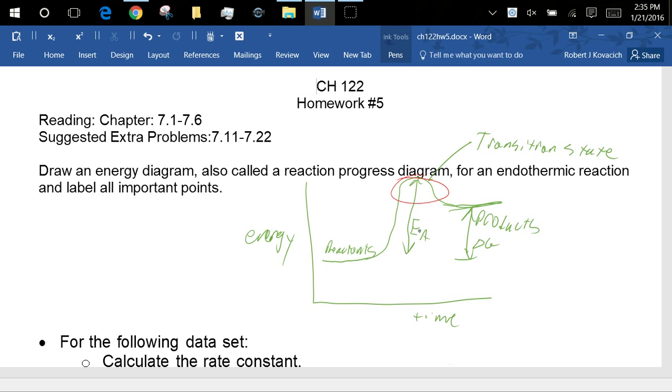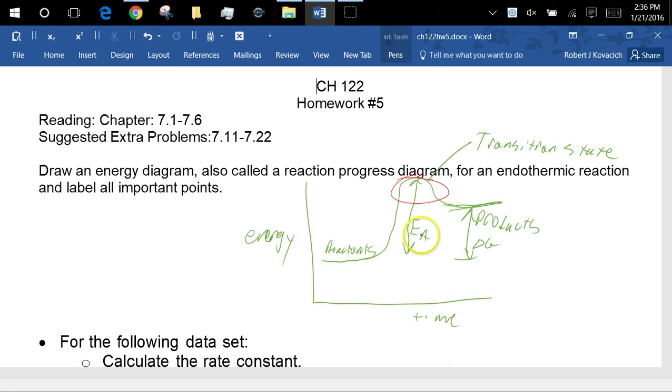I got stuff bonded together as reactants, and then the transition state is the place where those bonds separate. The activation energy is what is used to separate those bonds. So in that humped area there, I've got a bunch of atoms that aren't happy because they need to make bonds. They just broke the ones, and so now they have to reform bonds, and so they can make products.